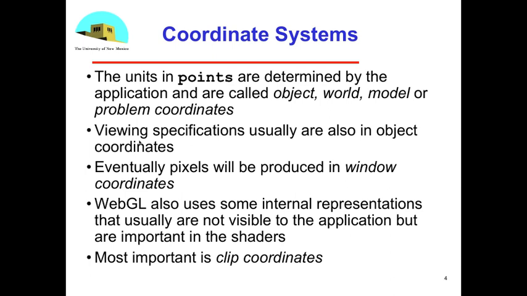Because of that, many of these functions have been deprecated. We have a lot more flexibility here with WebGL, but I've taken the tack that we should follow those coordinate systems because they're very useful in trying to build our models and implement the synthetic camera model.